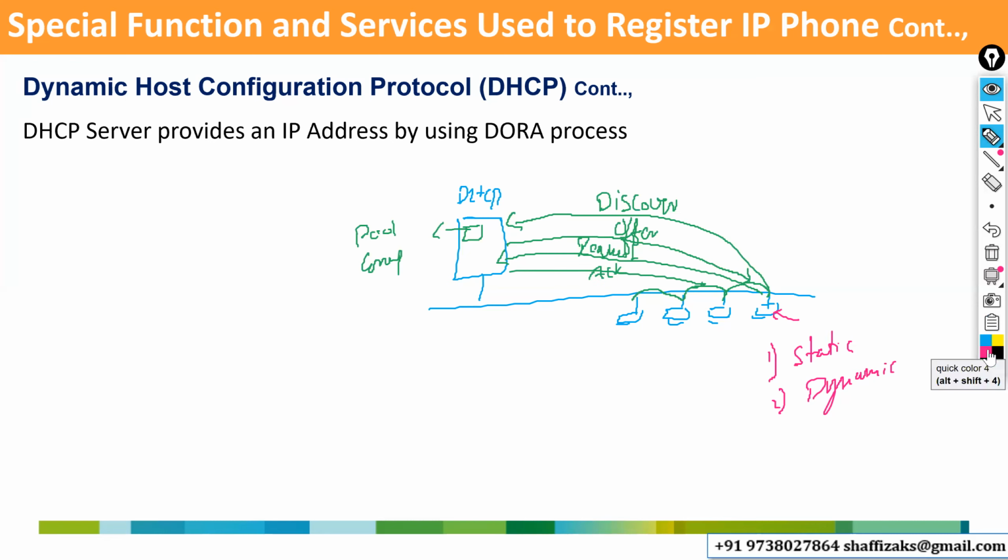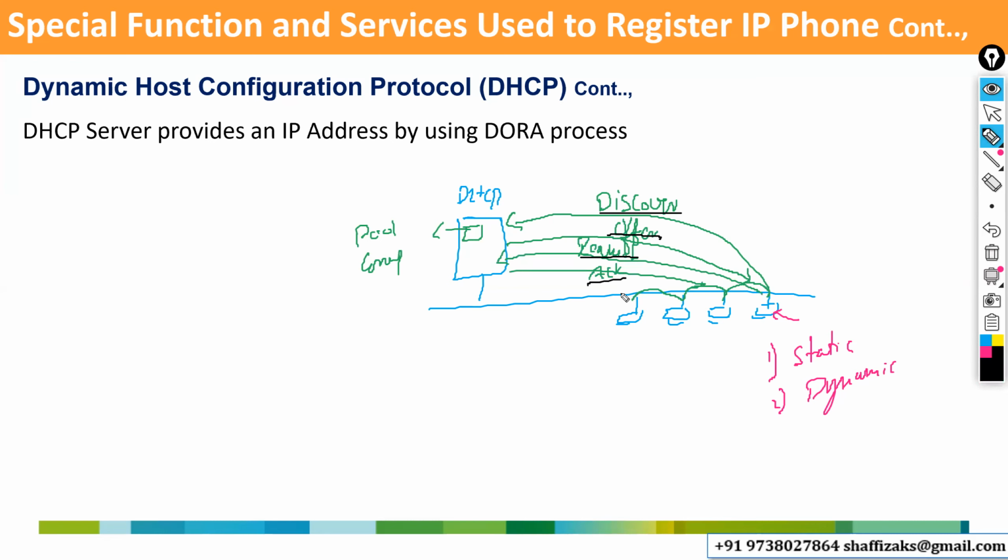See what happened. First, it sends the discover message, then the offer message, then the request message. Finally, it gives the acknowledgement. Once it gives the acknowledgement, it assigns that IP address for a particular lease period. Leasing, like rent.